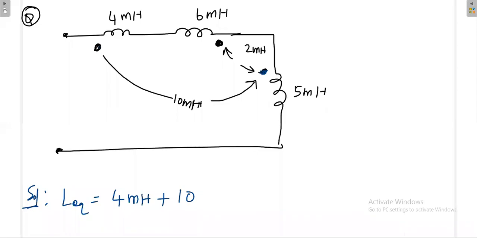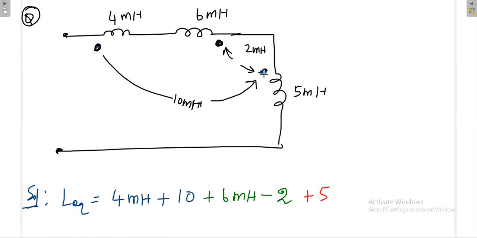Next you concentrate on this 6 millihenry. You simply write 6 millihenry. Again where does it go? Here it is leaving, here it is entering. So opposite, that means minus 2. Then next you concentrate on this one, 5 millihenry. Here the absolute value is 5 millihenry.